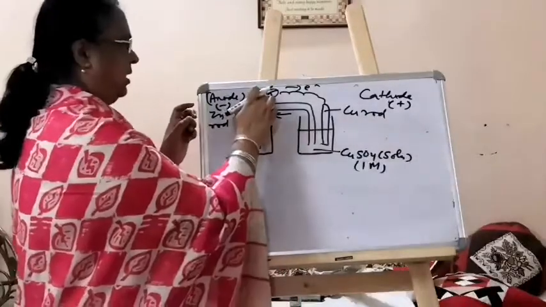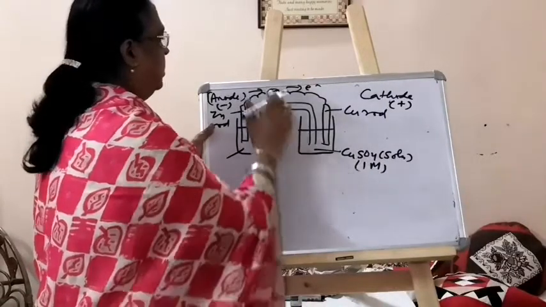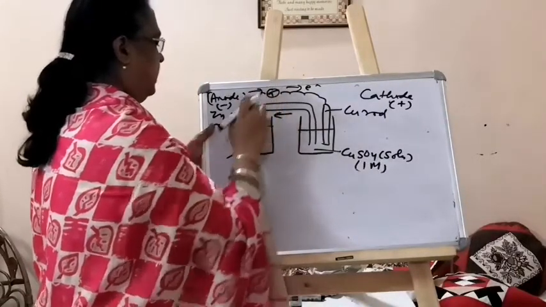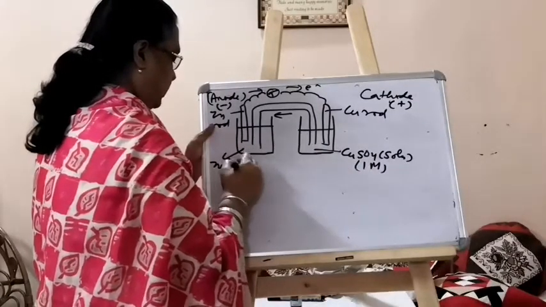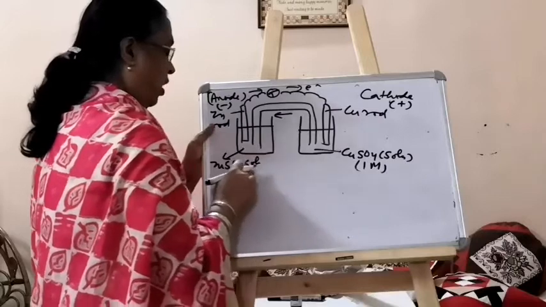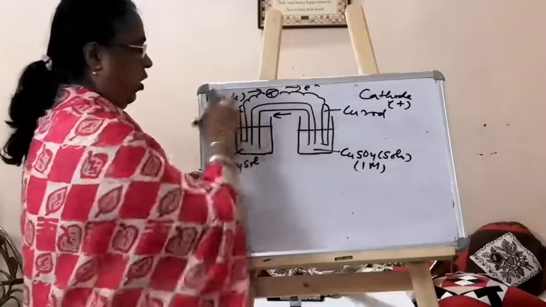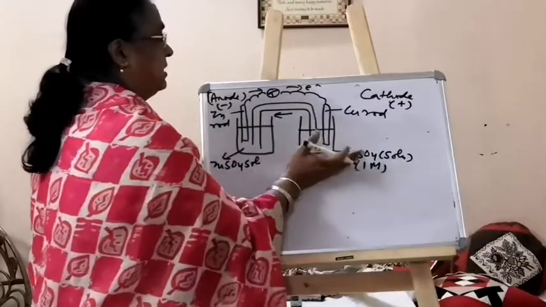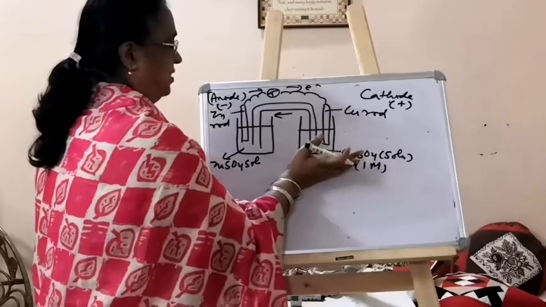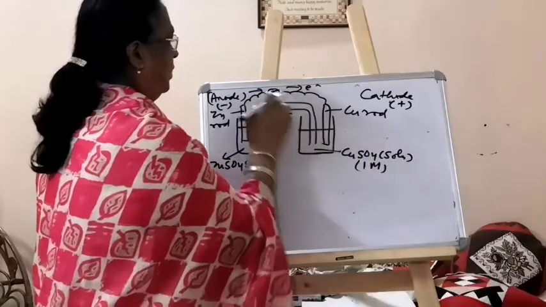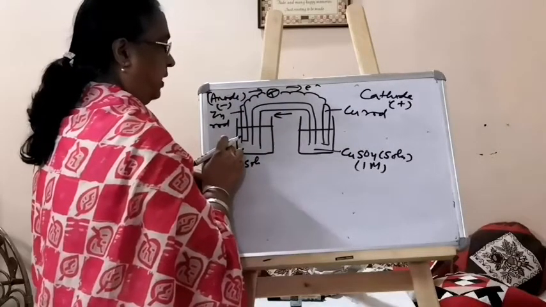Here we can know the cell potential between the two. The reading which we are getting is neither of this cell nor of that cell. If you want to know the electrode potential value of the zinc sulfate solution, the zinc half cell, the oxidation half cell or anodic half cell, then this side potential should be 0. If this is producing no potential, then whatever reading we are getting will be the electrode potential of this.